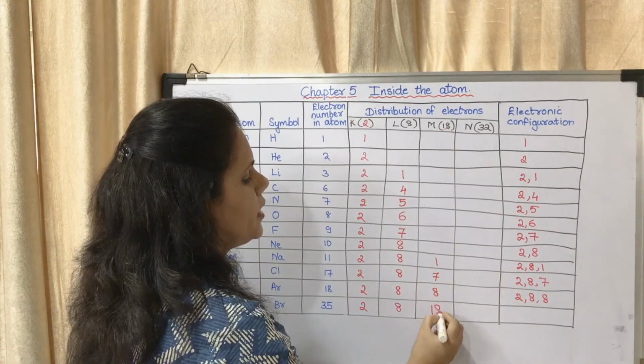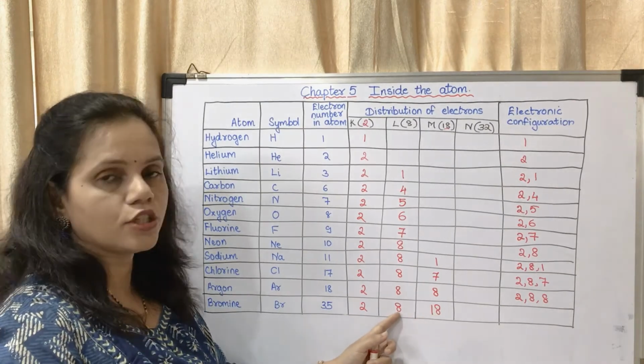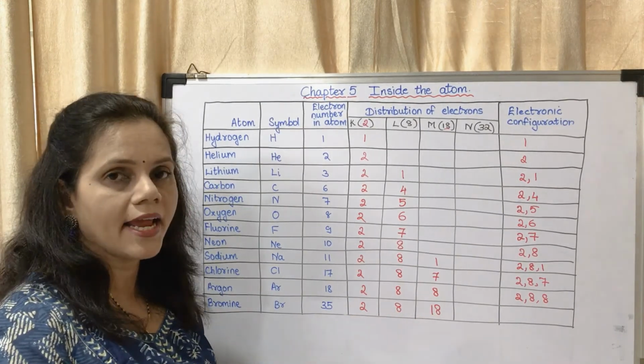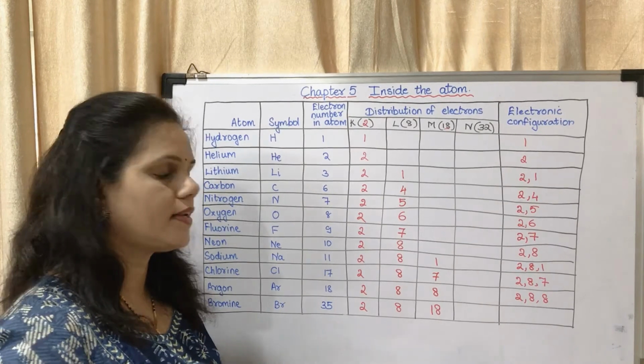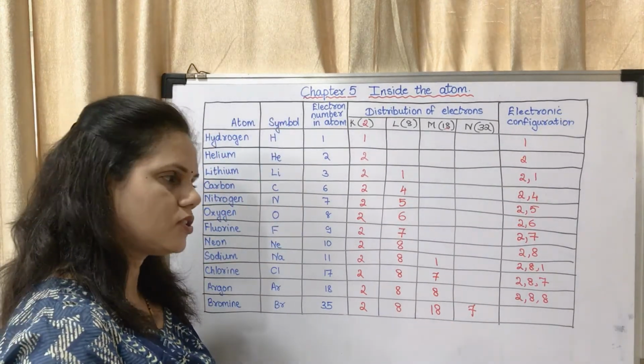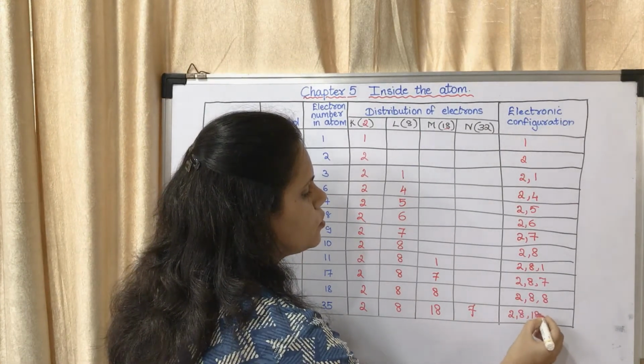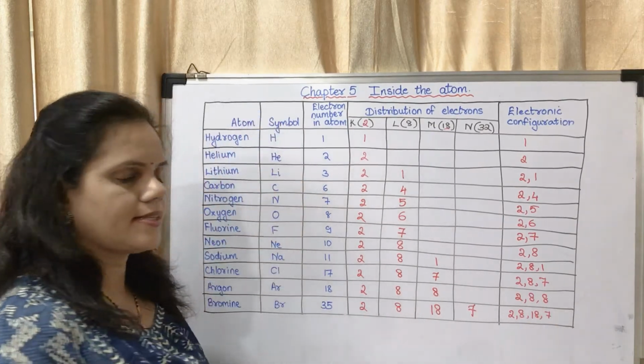A maximum of 18 could be accommodated. So here it will be 18. 18 plus 8, 26, plus 2, 28. How many are remaining? 7 are remaining. So 7 will get accommodated in the last shell. So the electronic configuration of bromine will be 2, 8, 18, 7.